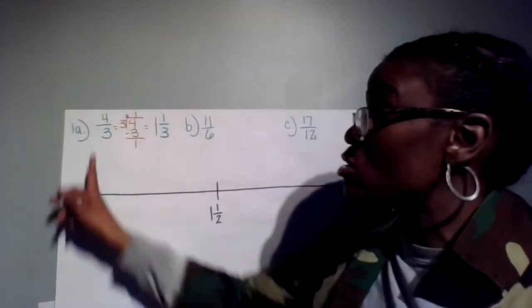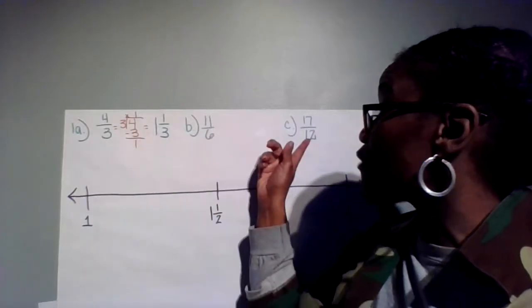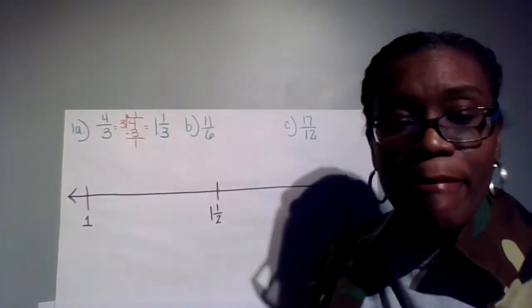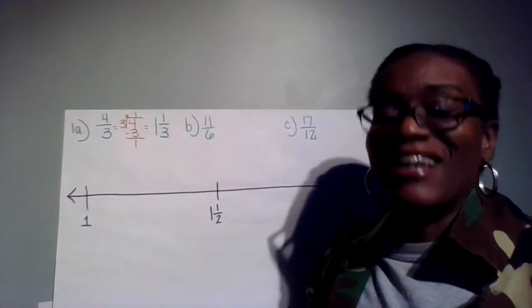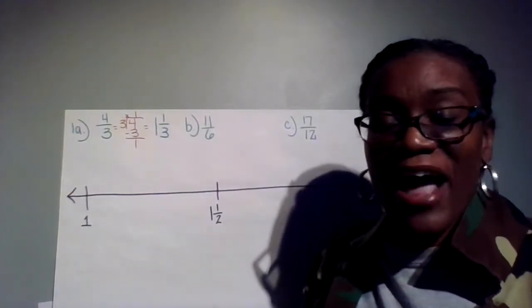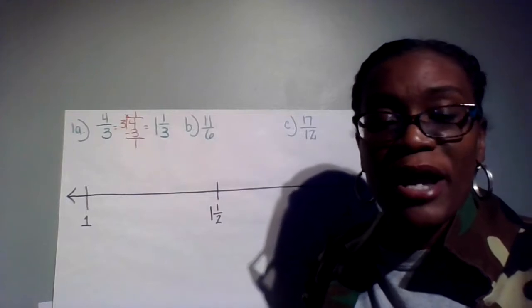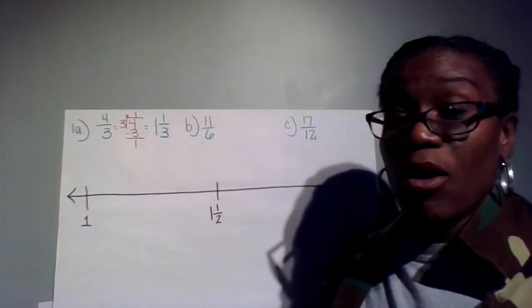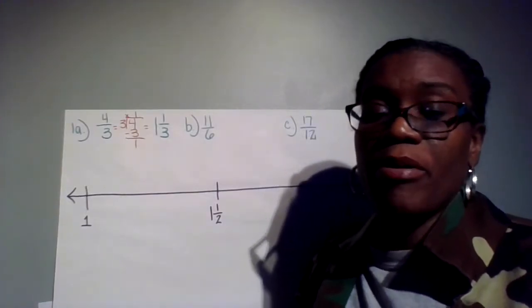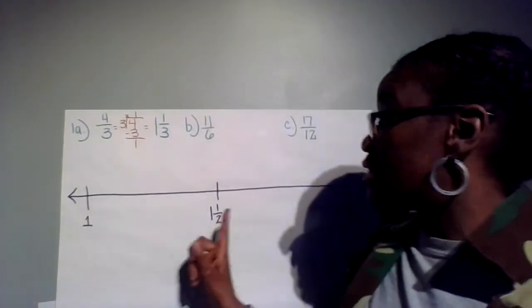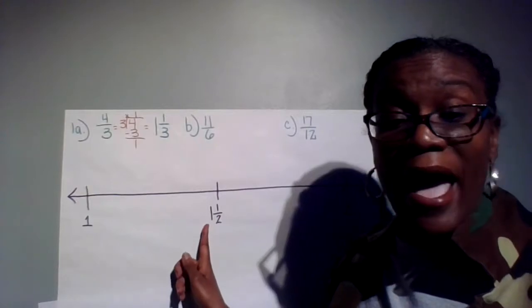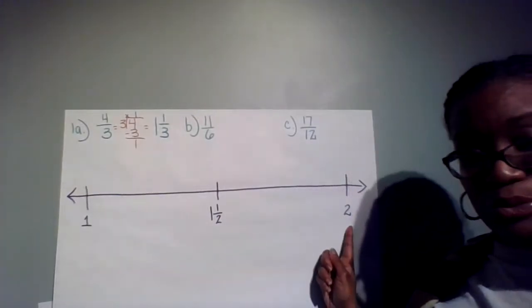But since we're using fractions that are all improper fractions, and what is an improper fraction? That's right, scholars. It is a fraction that is larger or greater than one whole. So our benchmark on our number line is going to start with 1. And then it'll go to 1 and 1/2, and then to 2.